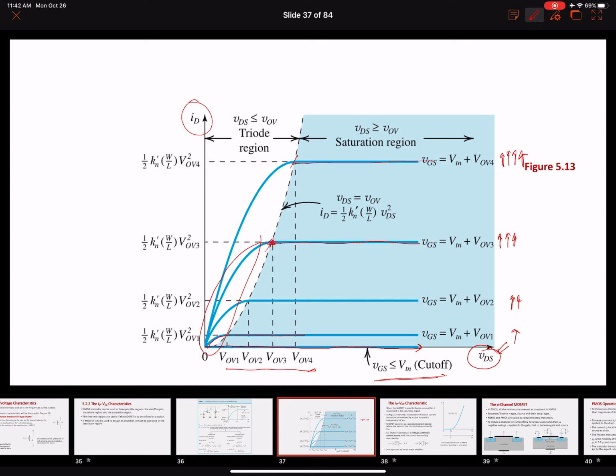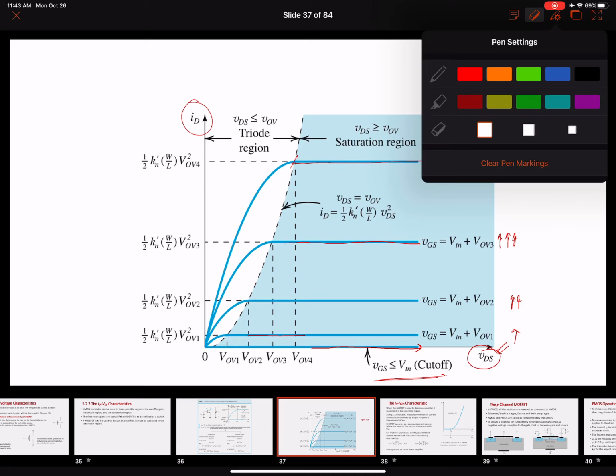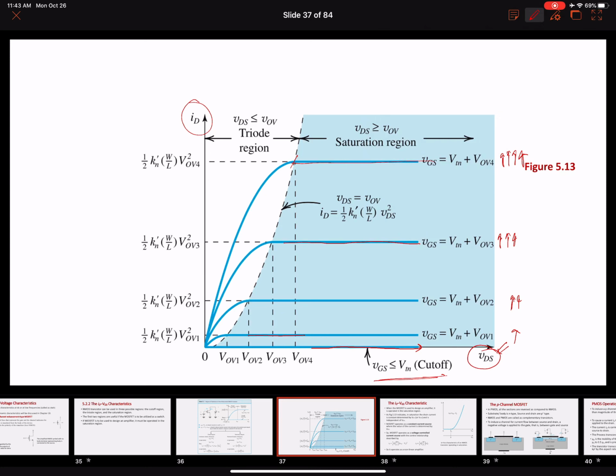Another important thing that we can see over here is this characteristic, and we are going to talk more about this: the characteristic of the drain current to the overdrive voltage, right? So this is the VGS, or the overdrive voltage. As we are increasing the overdrive voltage, the drain current is exponentially increasing.